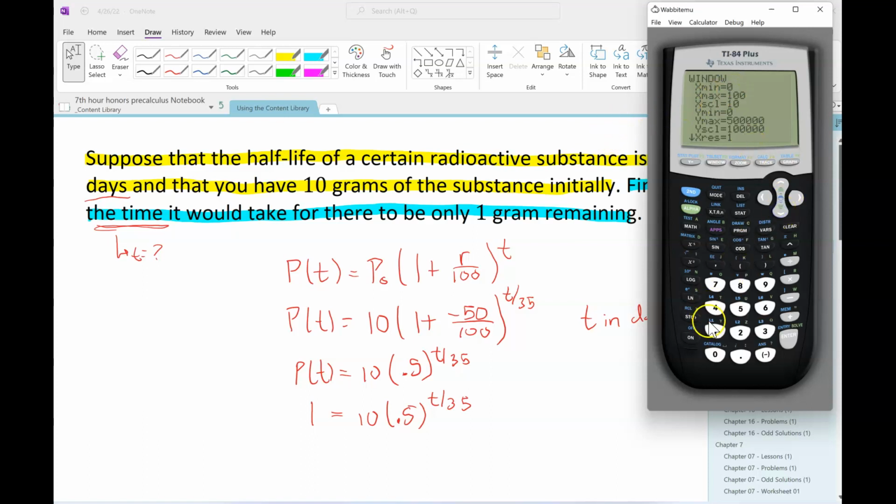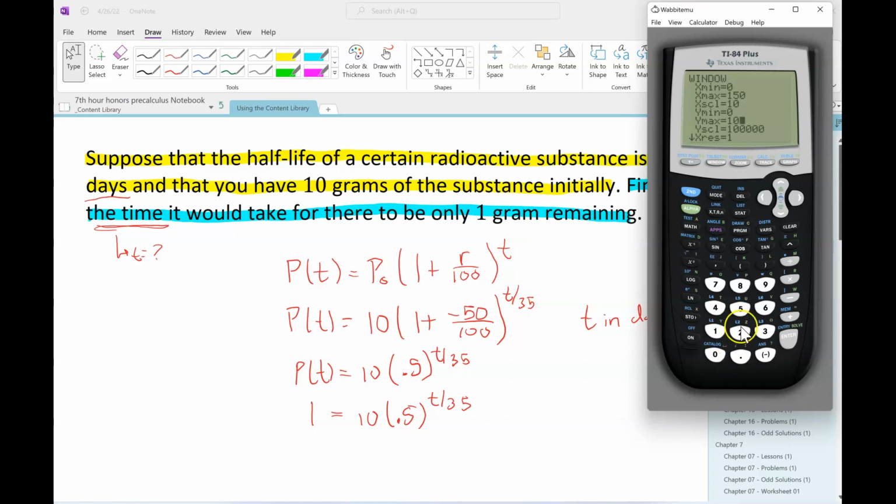So I'll go 0 to 150. I know that the half-life is happening, and somewhere between 105 and 140 days is when I'm crossing that 1 gram boundary, but that ought to do it for me. The minimum amount of substance I'll ever have is 0, because all you can do is decay down to nothing left. And then the Y max, since it's decay, whatever you started with would be the maximum you could ever have.